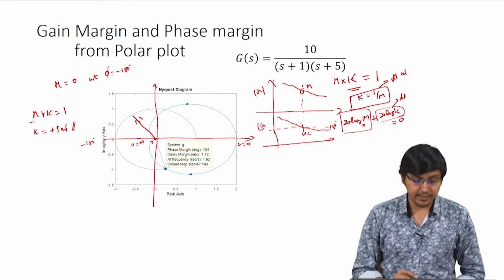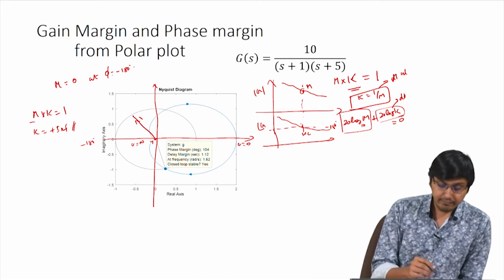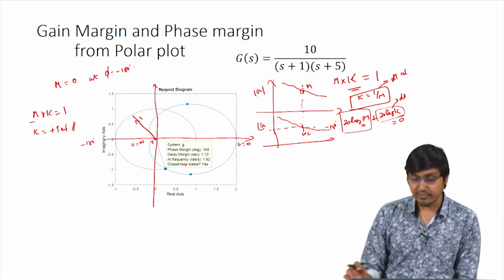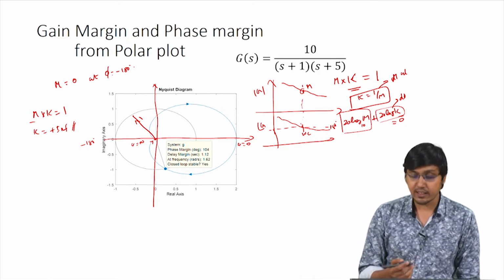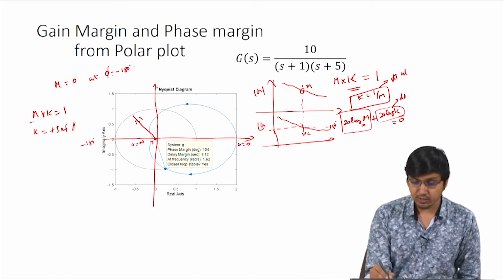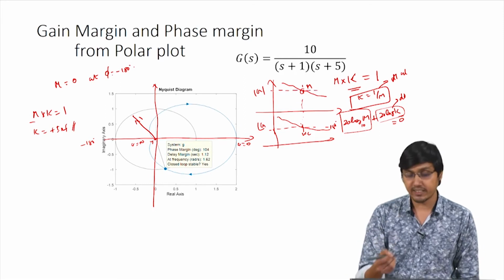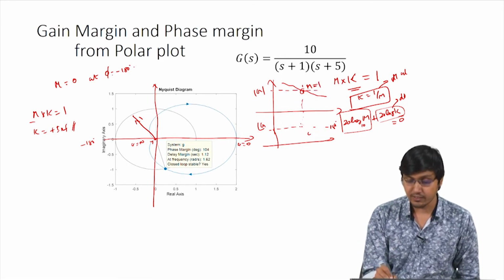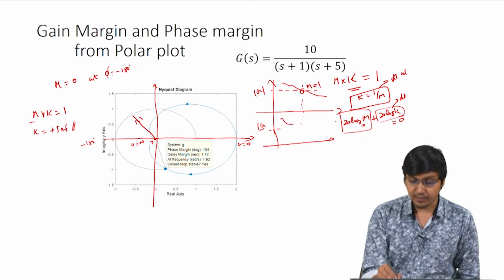And then with regard to the phase margin, what is the phase margin? Phase margin is when I have a magnitude of 1. So now I have a magnitude of 1 here and the phase plot here.